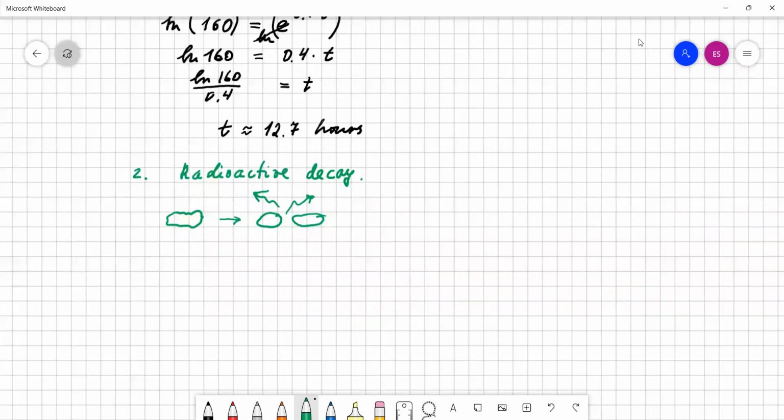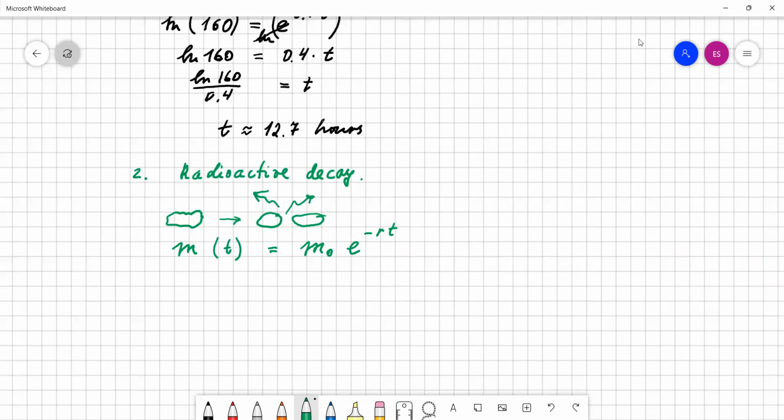Fortunately or not, spontaneous radioactive decay follows the same equation we had for population growth, just in the opposite direction. We understand that when something decays, the mass of this element becomes smaller, and we are going to get two new elements. So that's why in our exponent, we are going to have minus r.